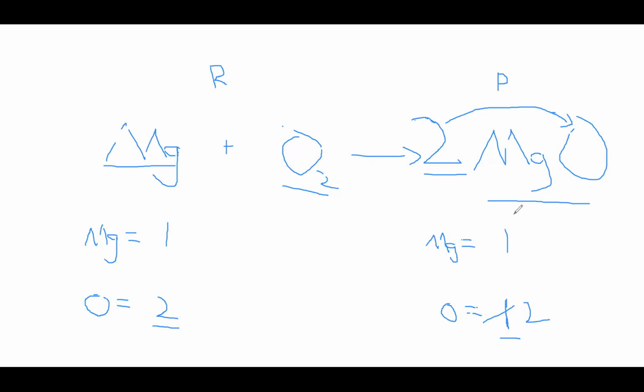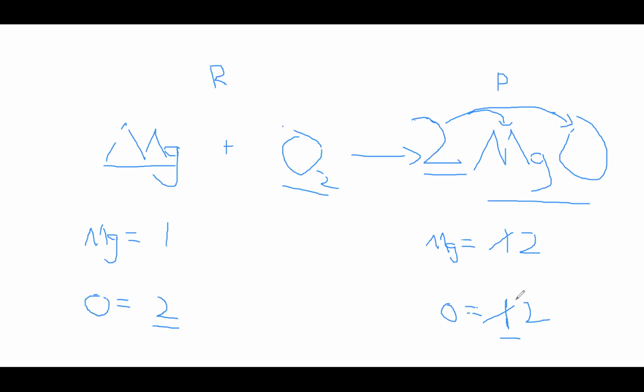So we have 2 O's. Awesome. When I add this 2, it also makes it so there's 2 Mg's as well. So now instead of having 1 MgO, we have 2 MgOs. So there's 2 Mg's and there's 2 O's. So now our O's are balanced. Yay, we did it. That's what we were trying to do.